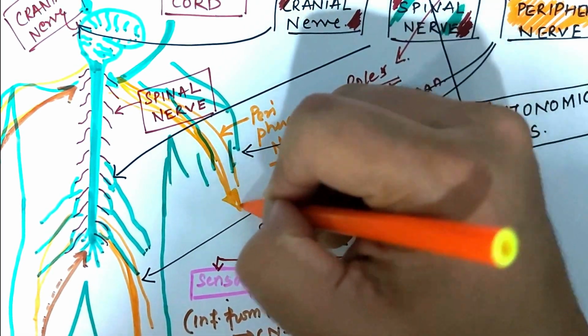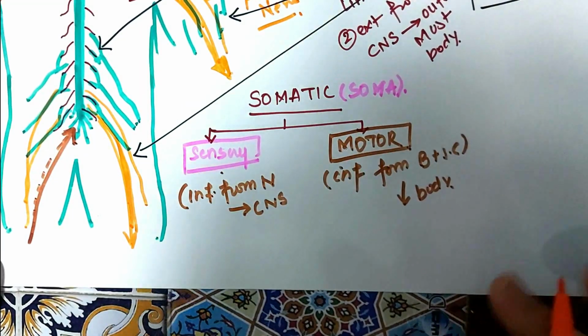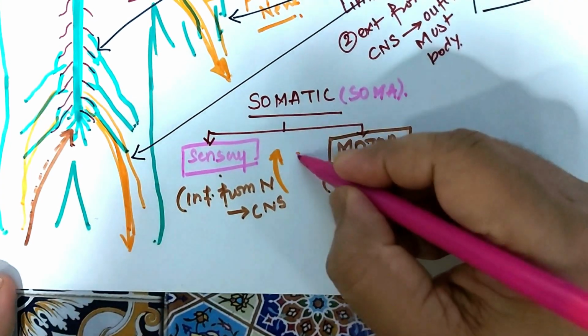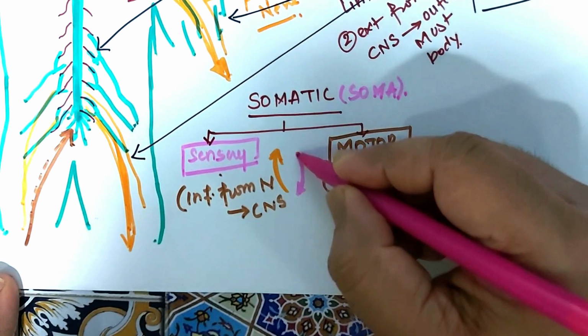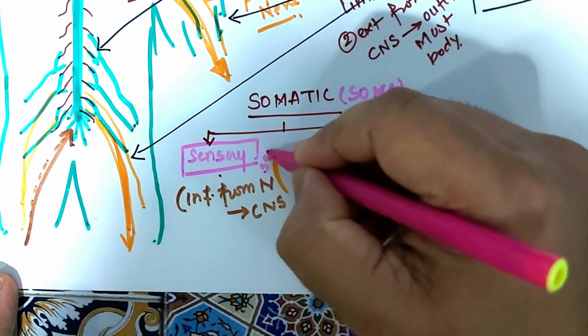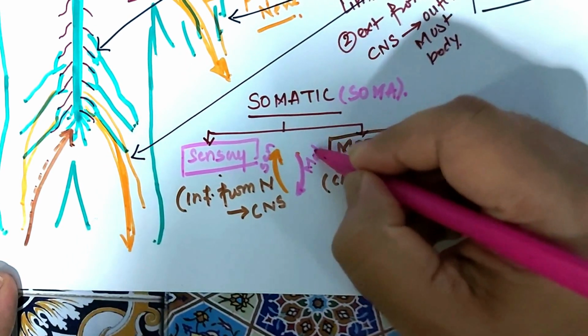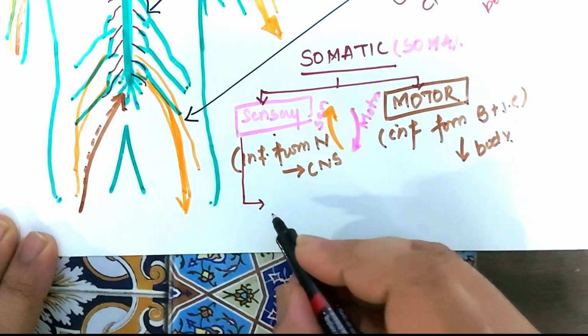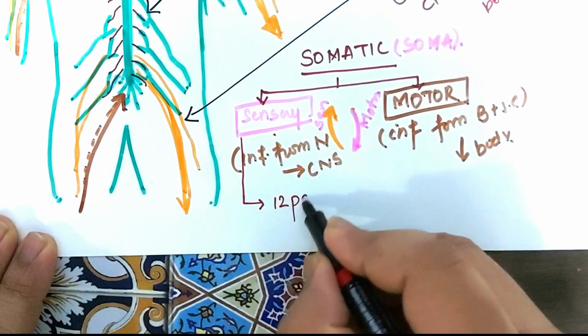Motor takes sensation away from the brain. As simple. So the one which goes up is sensory afferent. The one which comes down is the motor efferent. Okay, so let me write it down.